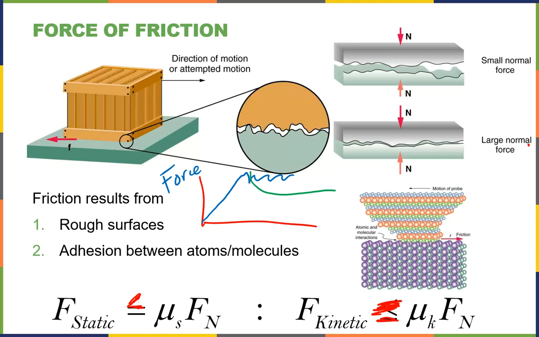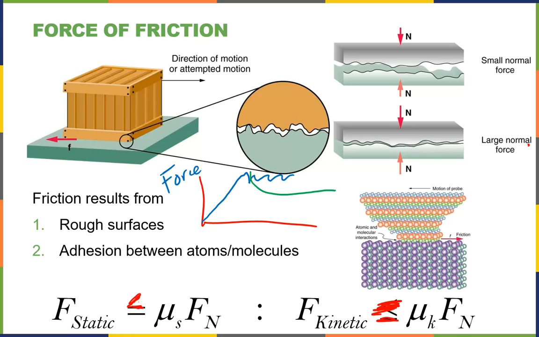Now, if I push it a little bit, then it's going to be less than or equal to mu static times force normal. What is force normal? The force the surface pushing on to keep from going into the surface. And then once I get it sliding, then it's the mu k times force normal.